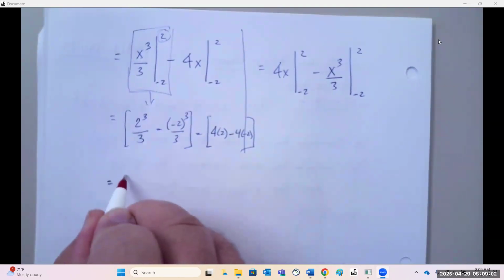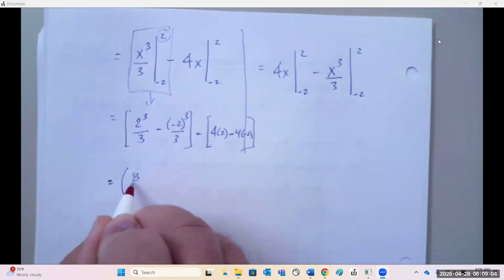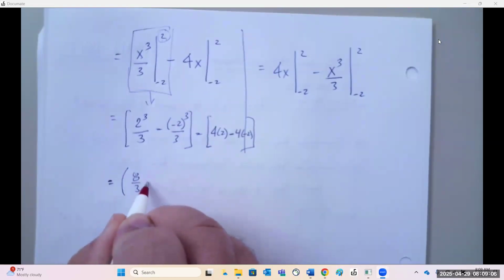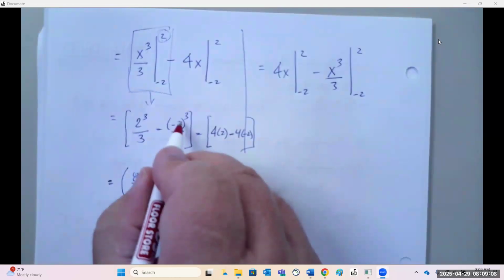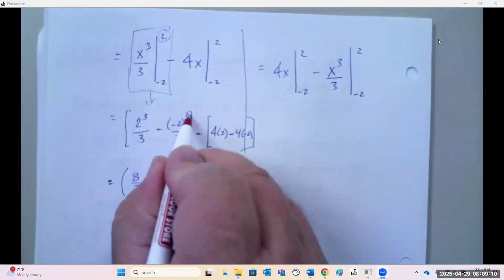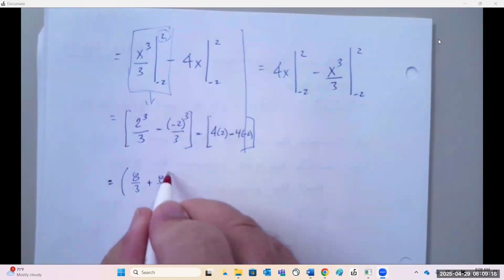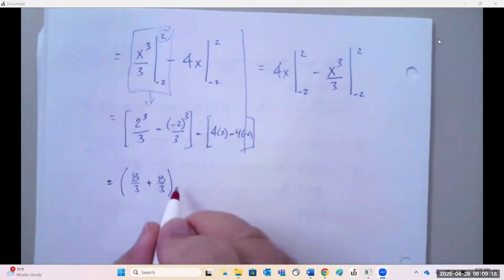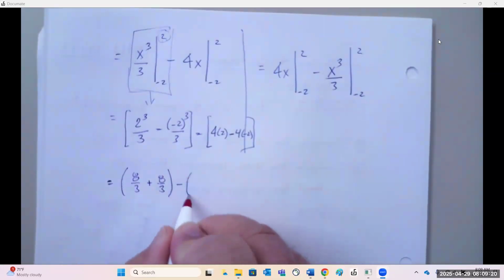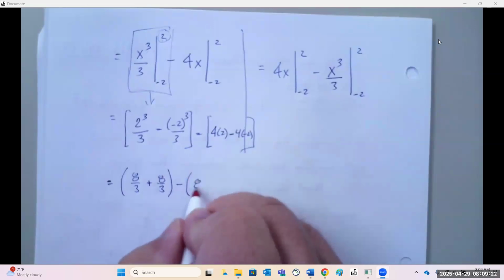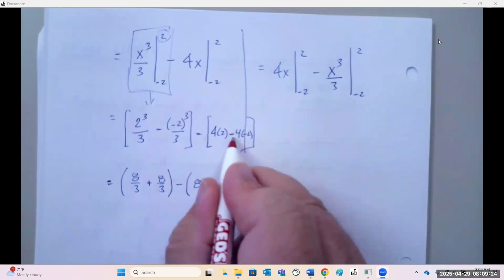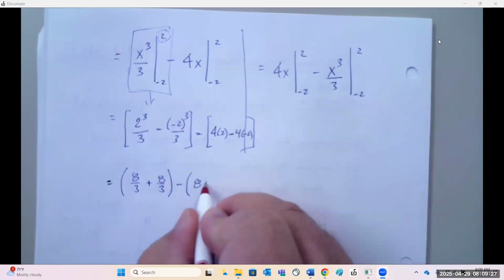So we get 8 over 3, and -2 cubed is -8, so it makes it a plus 8/3. 4 times 2 is 8 minus 4 times -2, so it makes it a positive.